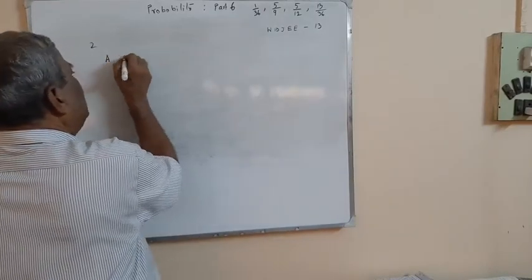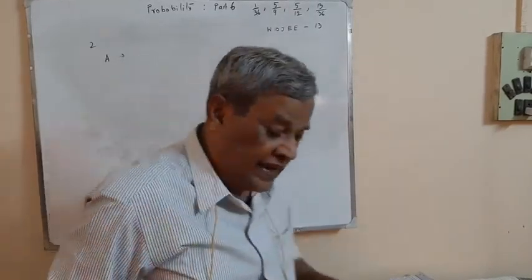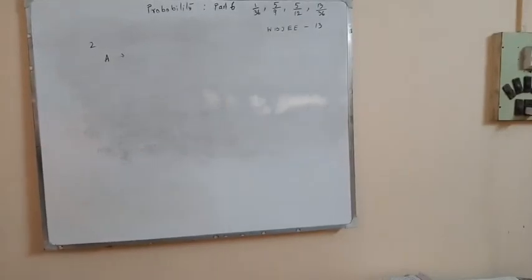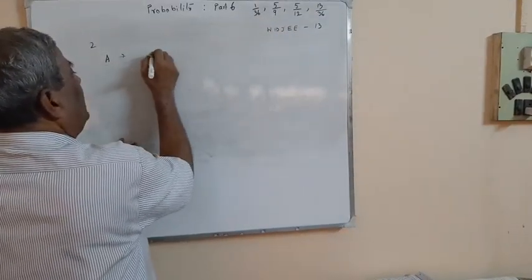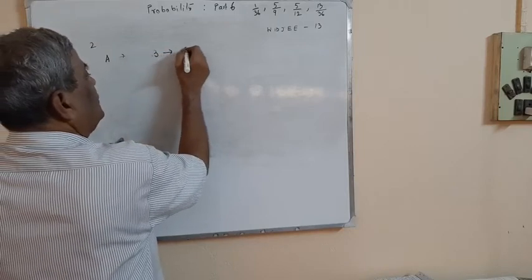Suppose A is the even face and B is the event that the sum of the faces is 8.